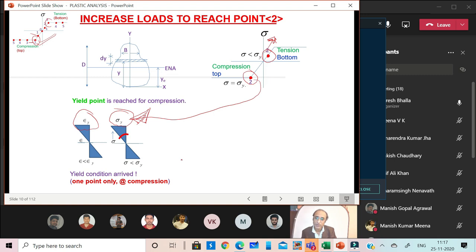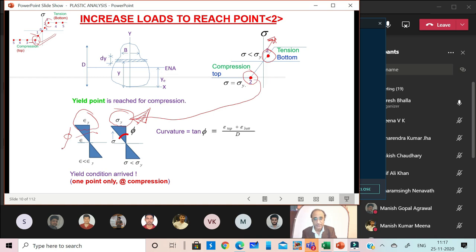And now what is this angle equal to? If we try to measure this angle either in the strain diagram or in the stress diagram, what does this angle tell us in general? This angle tells us about the curvature of the section.